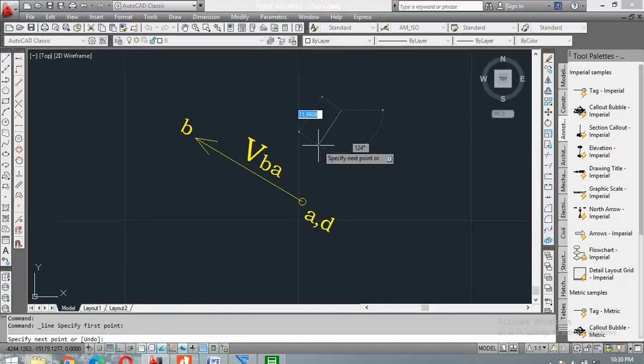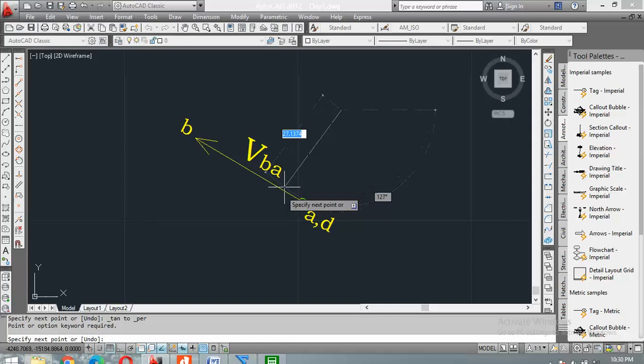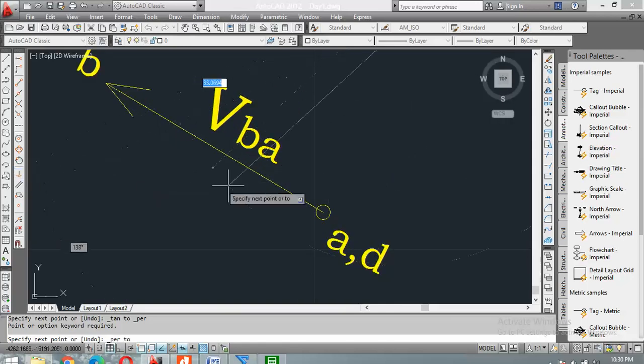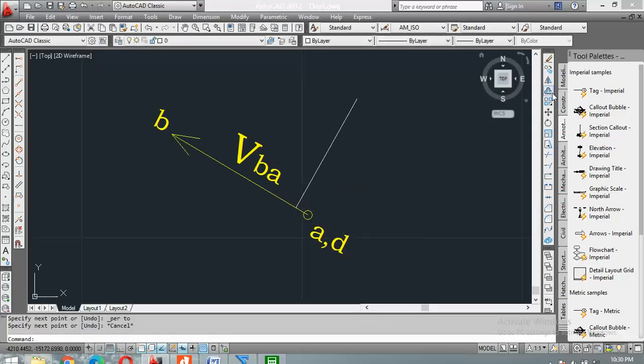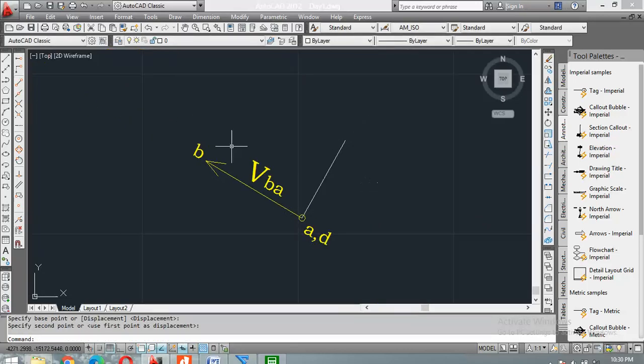So how will you extend it? Just a minute. I want to draw this line with a 10 centimeter length.